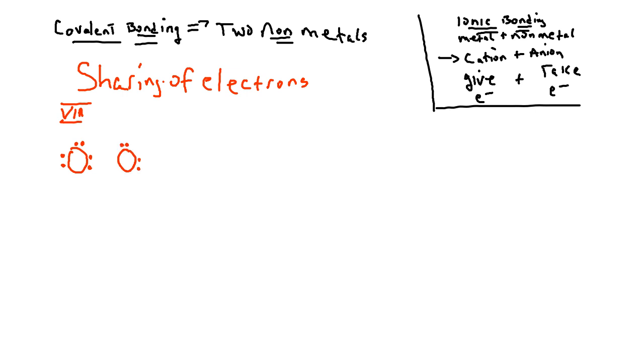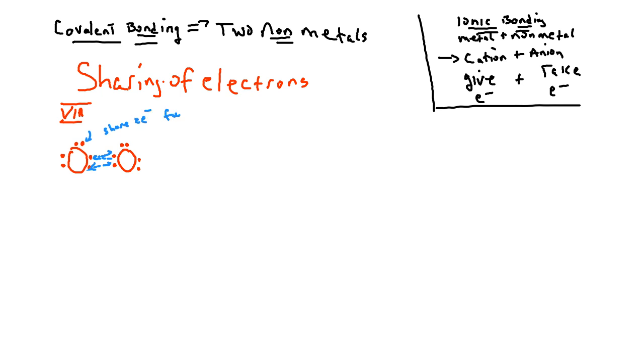Now, both oxygens are not happy. Why? Because they only have 6 electrons. But this oxygen says, you know what? I'll share my electrons with you if you share your electrons with me. So if they share 2 electrons with each other, then the top level will be full with 8.